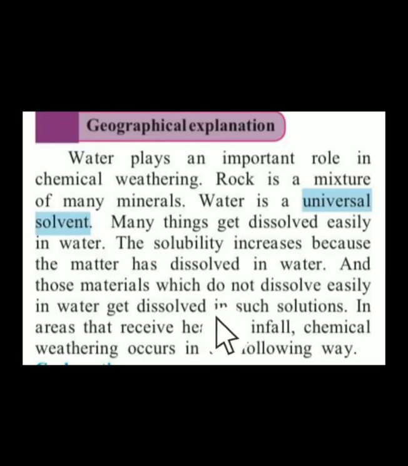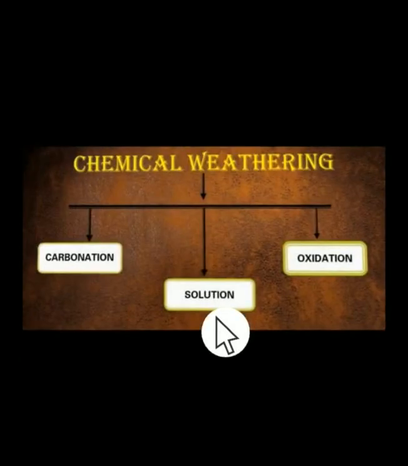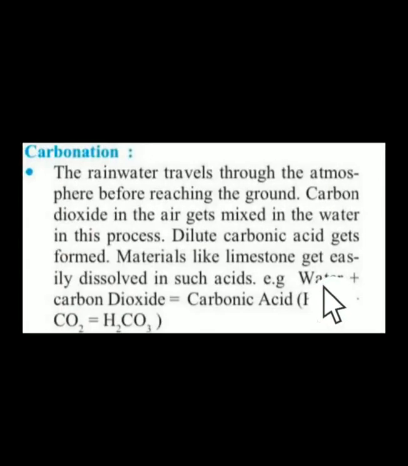So we can see that weathering occurs in 3 different ways. The first one is carbonation, the next one is solution, and then we have oxidation. In the atmosphere there is carbon dioxide present, and when it starts raining, this rainwater gets mixed with the carbon dioxide present in the air.